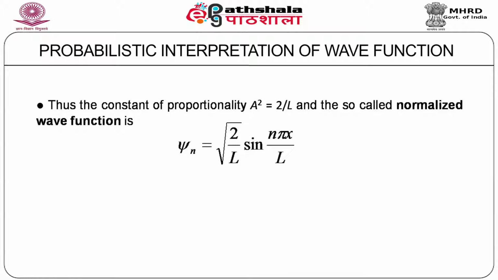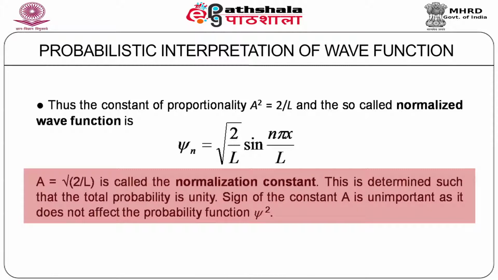So finally, we could write down the wave function in terms of known quantities because L is the length or the width of the potential well. So this is called the normalized wave function, and this 2 by L under root is called the normalization constant. The sign of the constant a is unimportant as it doesn't affect the probability function psi square.